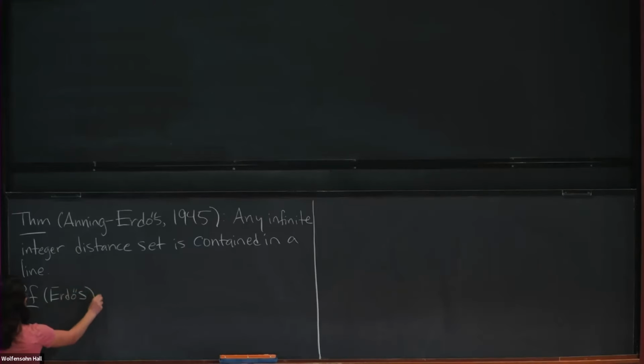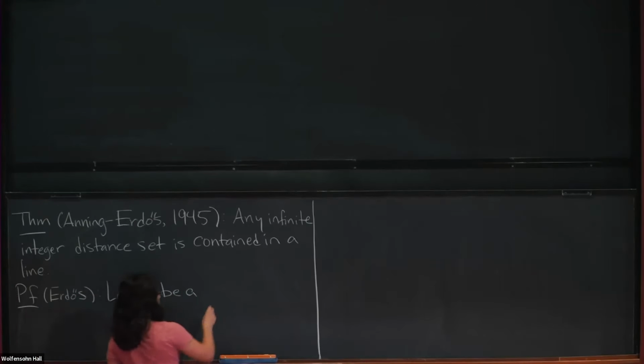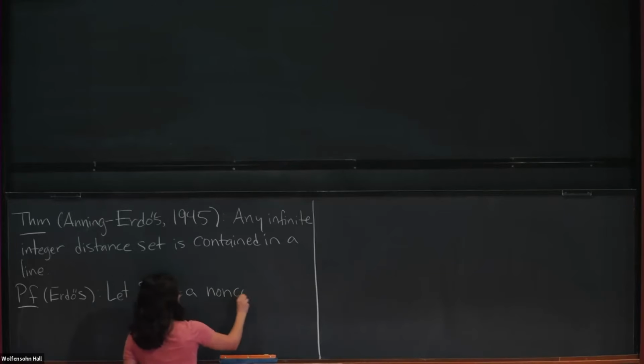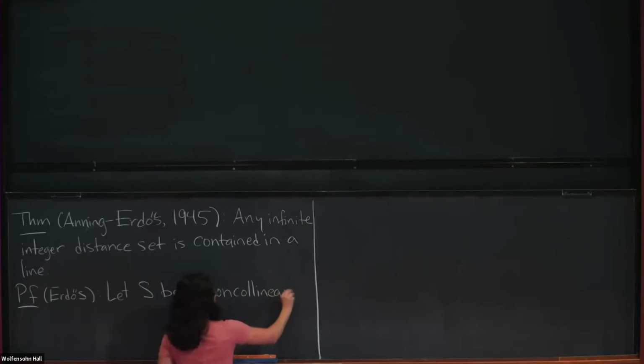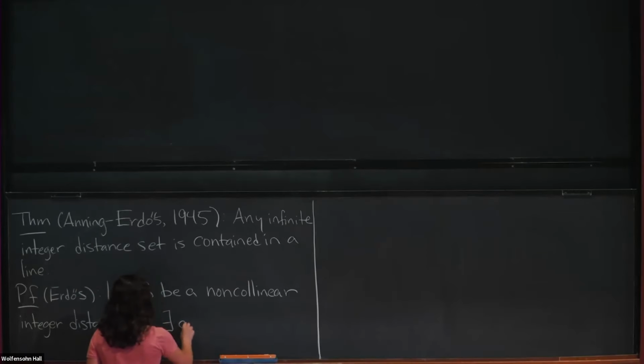All right, so we'll let S be a non-collinear integer distance set. This means that we can find three non-collinear points in S. So there exist some points A, B, and C in S that are not collinear.